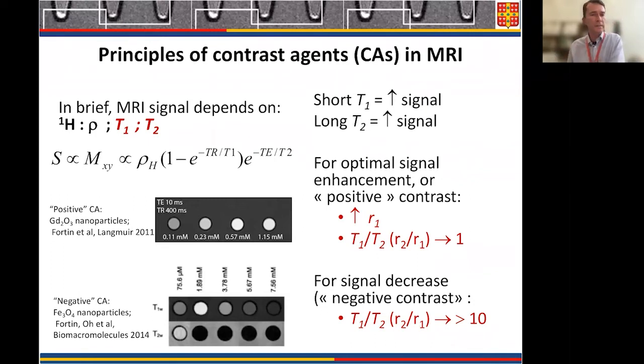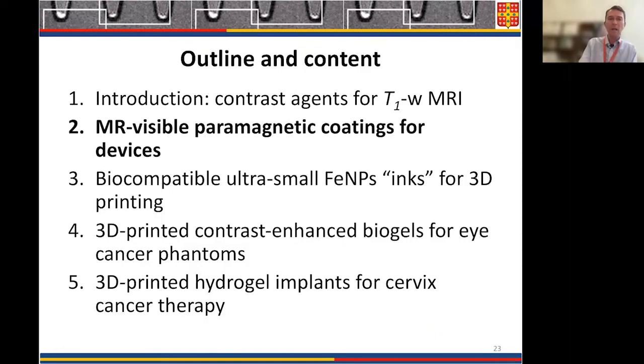But if you use these systems, you will not generate the same contrast enhancement effect compared with 1 Tesla systems. And in the clinics, you have 1.5 Tesla systems or 3 Tesla systems, but not really systems that operate at higher magnetic field strength. And with this, I will introduce the first applications.